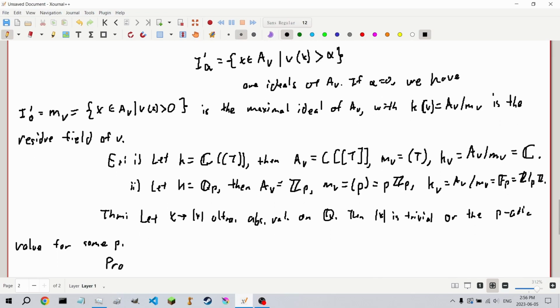Now let's look at the proof. Okay, suppose we have a rational number with its absolute value being strictly between 0 and 1. So this is the non-trivial case.